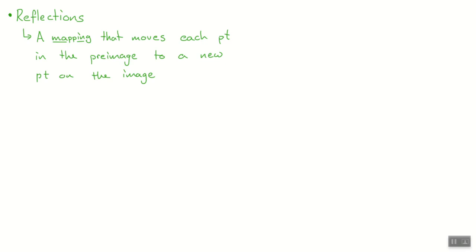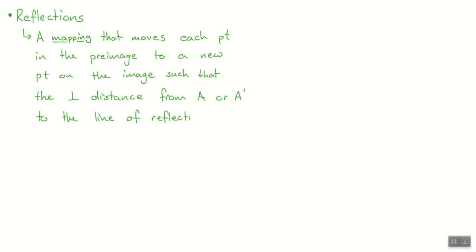Beyond that, though, we're going to say such that, and I would encourage ST, because that's going to start showing up more and more, such that the perpendicular distance, and I'm going to use that new prime notation here, from A or A prime to the line of reflection, is equal.